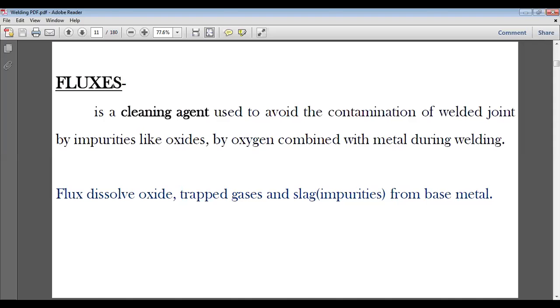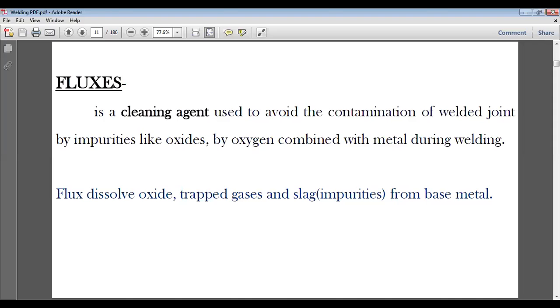Either they take the oxide themselves, or they break the oxide, and then other trapped gases and other impurities from the base metal. Flux is used as a cleaning agent, as a protective agent, and at the same time it takes away oxides.